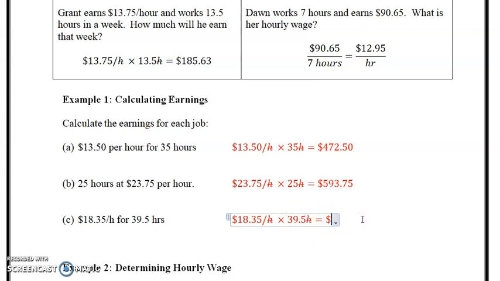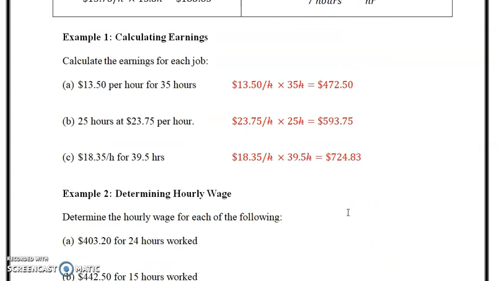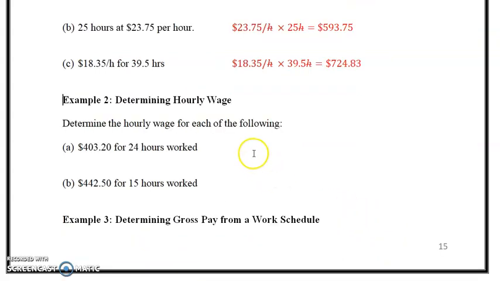So 18.35 multiplied by 39.5, and that is $724.825, so the 5 rounds the 2 up to 3, so $724.83.